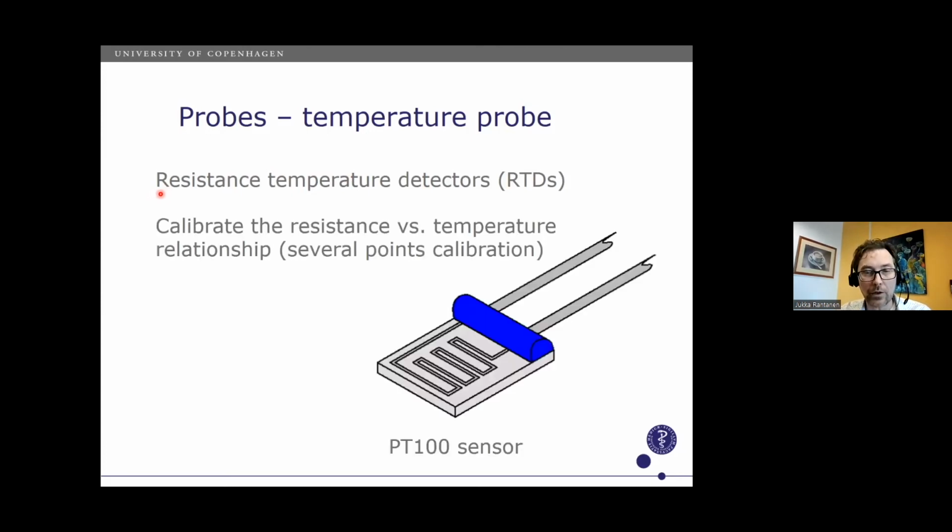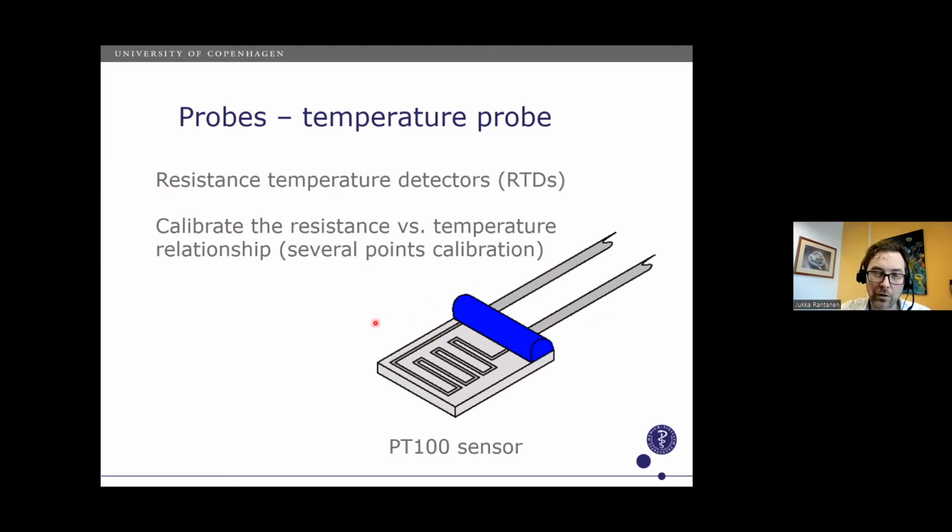These typically consist of a metallic wire, and then you calibrate the resistance of this against a known temperature, like ice water and then boiling water or some other temperature standard. So you build up a calibration curve for the resistance, and then you make sure that you always measure the very precise temperature of a system.